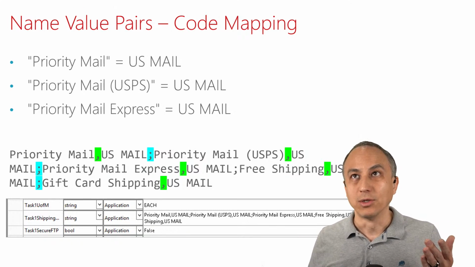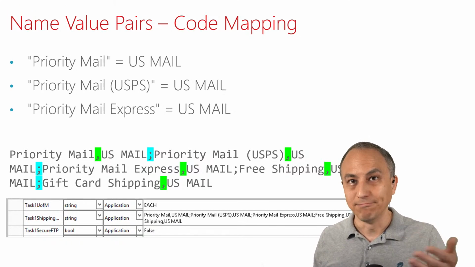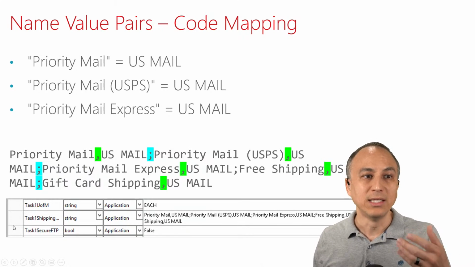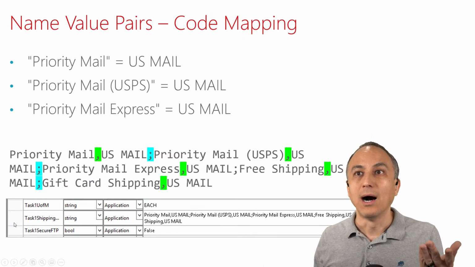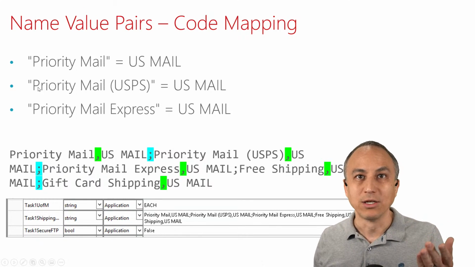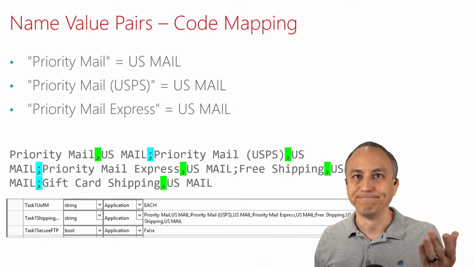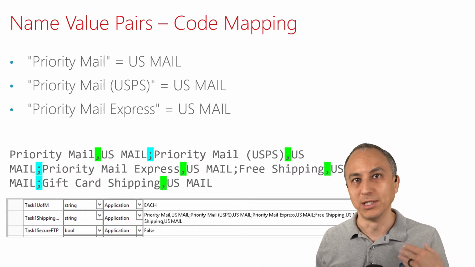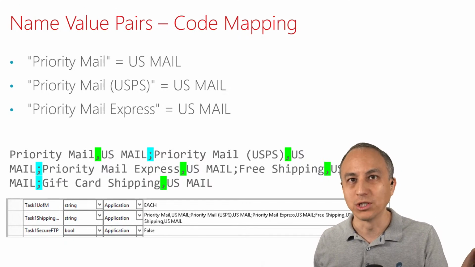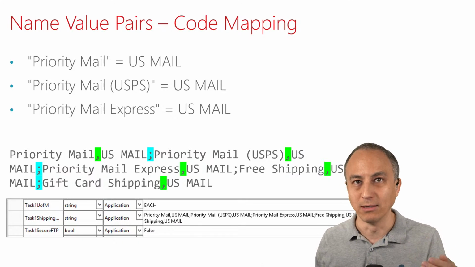And so I said, okay, great. This is a little bit of a workaround that I've used in the past. In this case, in .NET, let's take a look at an example here. So the website sends over priority mail. Well, in this case, the customer is telling me that that's not really what happens. You just want to import a code called US mail.